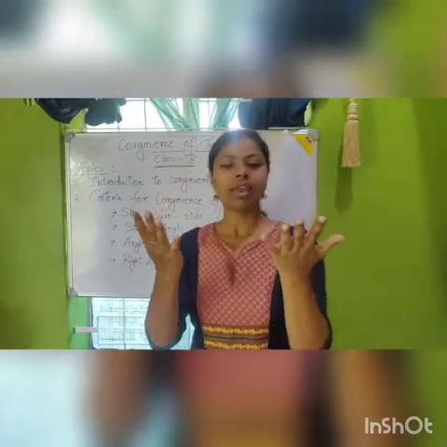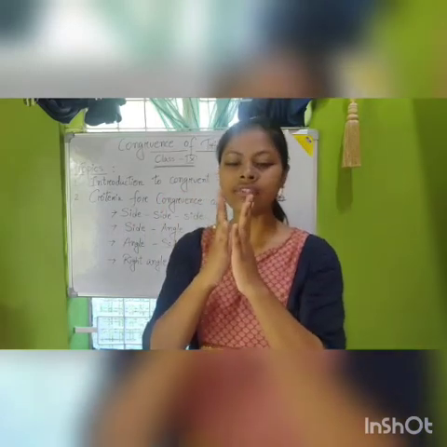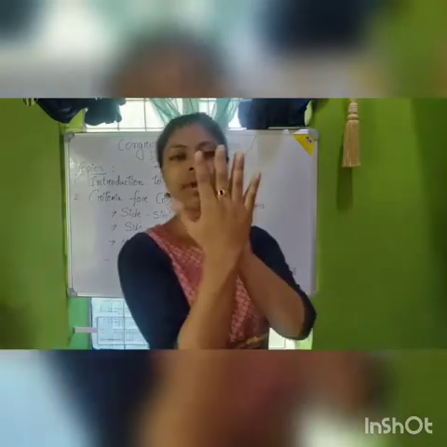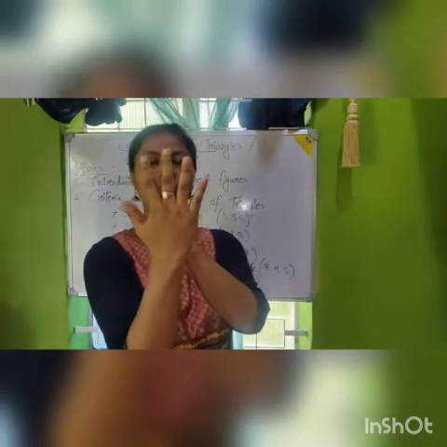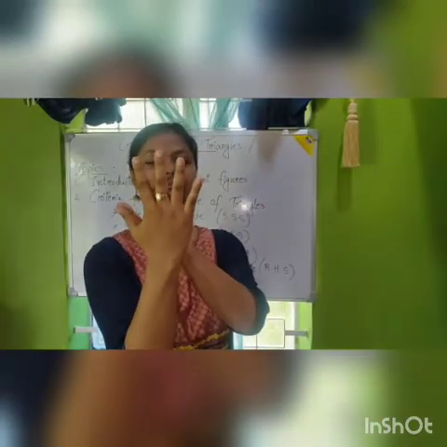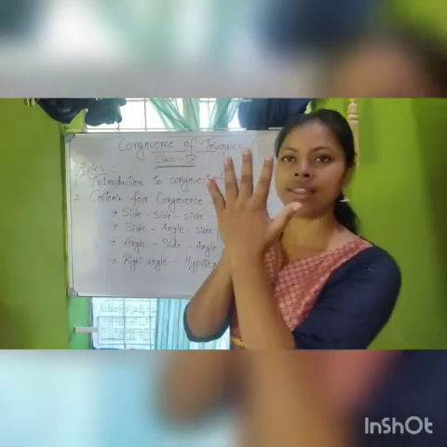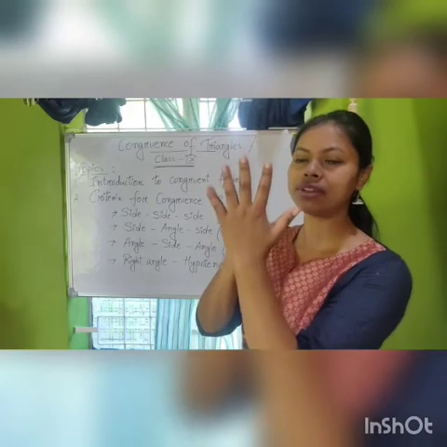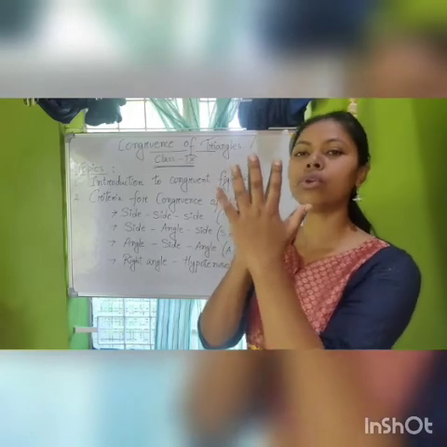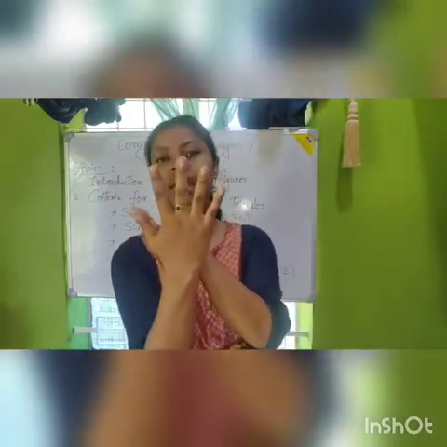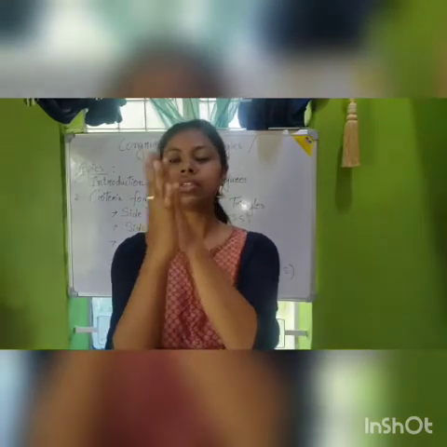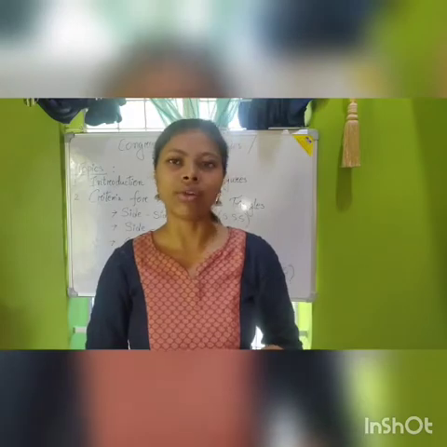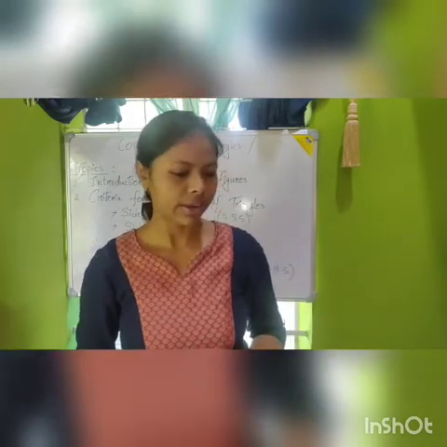Now if I put all the fingers of one hand over the other, can you see both my hands? Probably not. You can see one hand. It means that all my fingers completely superimpose one over the other. So the two hands of a human being are completely identical, or we can say they are congruent.